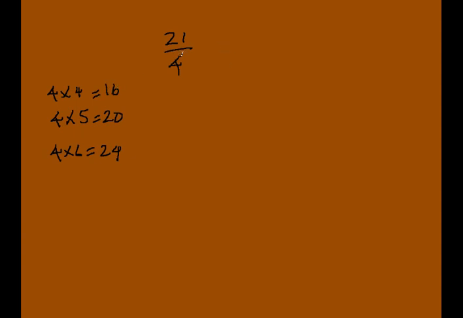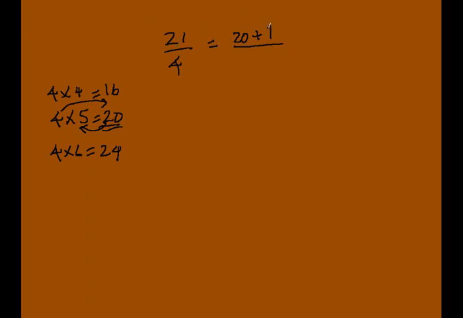Now, you know for a fact that the closest number to 21 that is smaller than it, that 4 goes into, is 20. Since 4 goes into 20 5 times, the other way of doing it is to split up that 21 into 20 plus 1, because it means exactly the same thing.